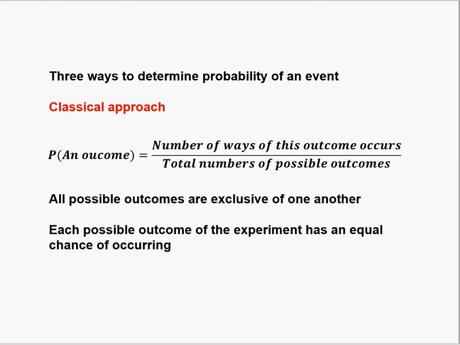For example, getting a head and getting a tail could not happen at the same time. So they are exclusive of each other. Also, each possible outcome of the experiment has an equal chance of occurring. Getting a head, getting a tail, as long as the coin is fair, is equal. The chances of getting a head or getting a tail are equal.